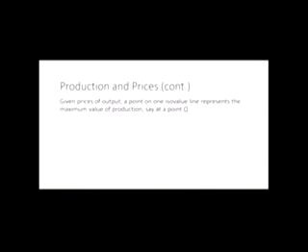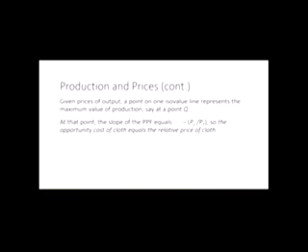The two important key points that we have studied up to this point are that a country will produce on its production possibility frontier because that is efficient production, and they will produce according to the relative prices of the two goods, that is, on the ISO value line.